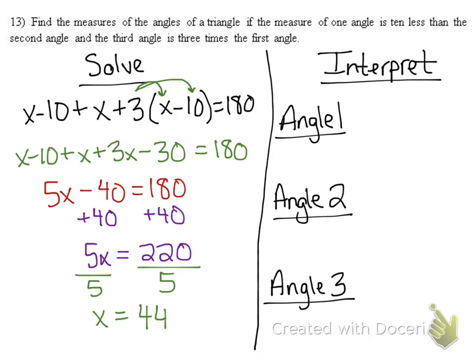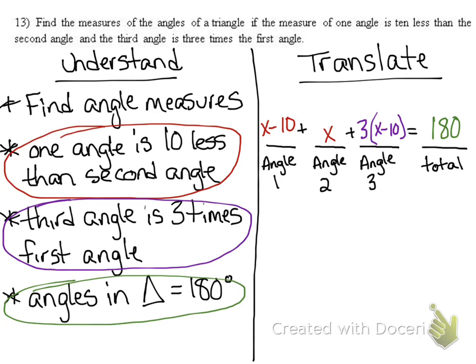Next thing I want to do is go back to the previous slide again and look at my translate step and figure out what I used to represent for angle 1, for angle 2, and for angle 3. So angle 1 was just x minus 10, angle 2 was x by itself, angle 3 was 3 times x minus 10.